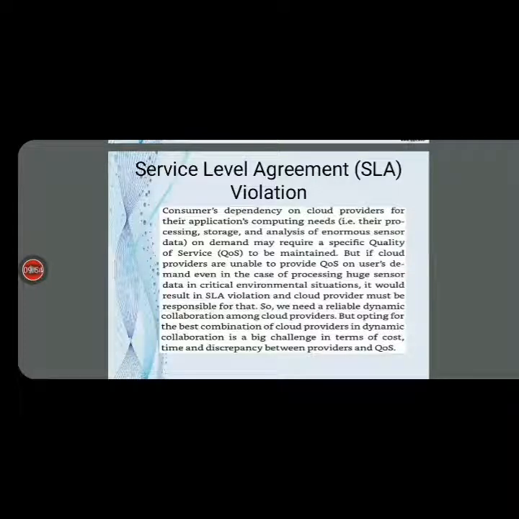Consumer dependency on cloud providers for their application. The consumer needs processing, storage, and analysis of enormous sensor data.